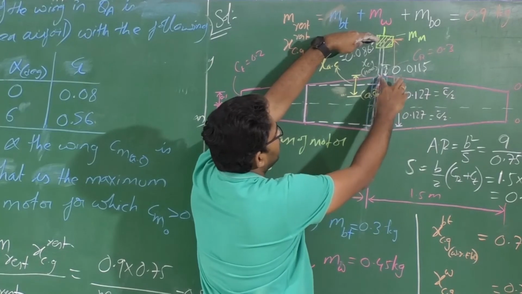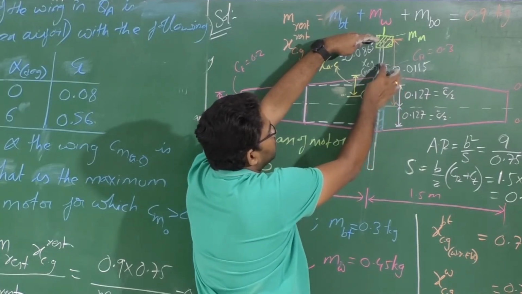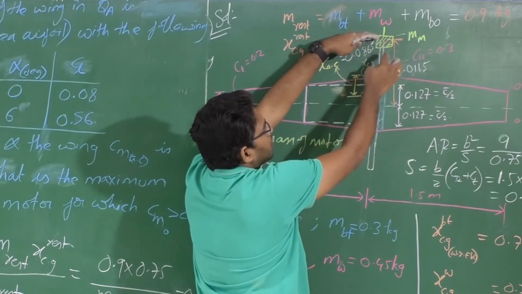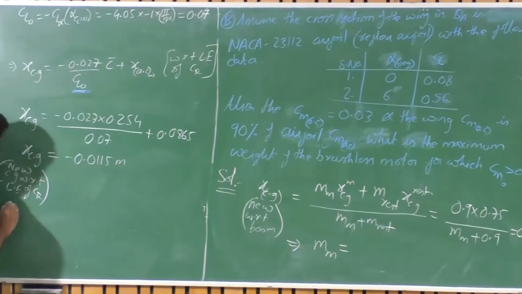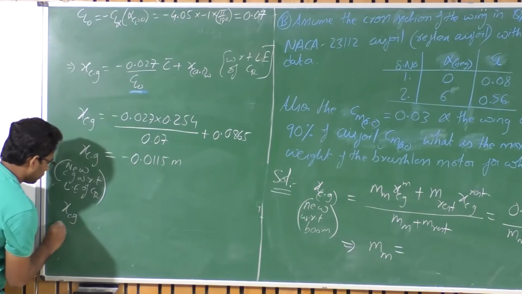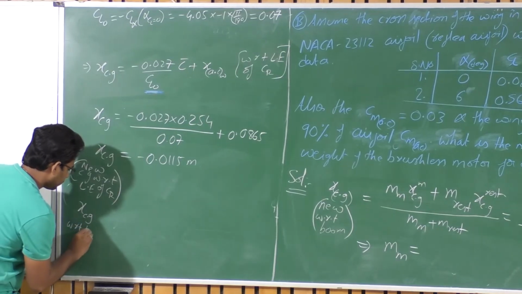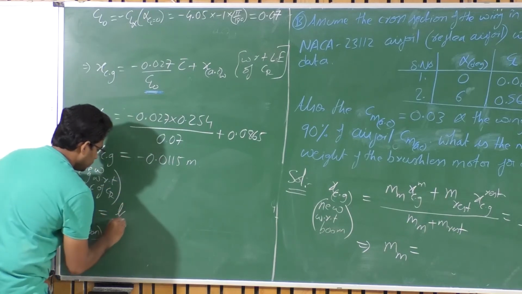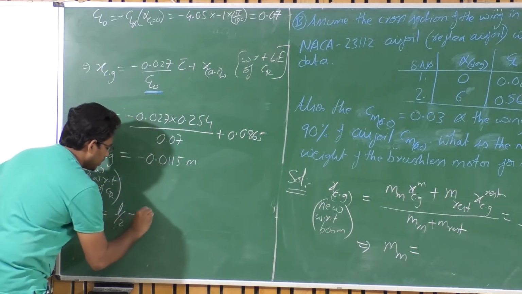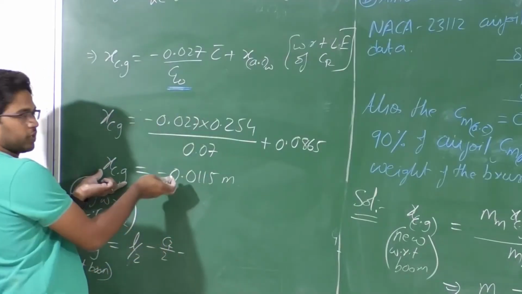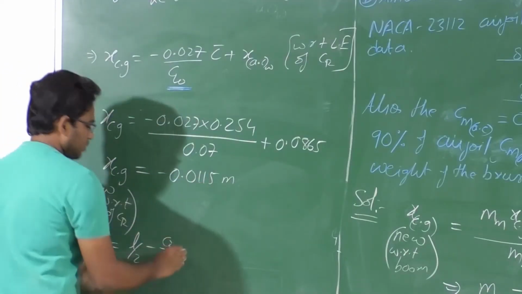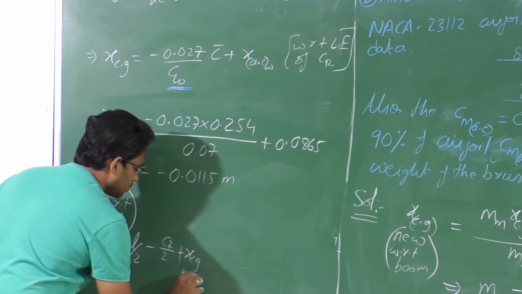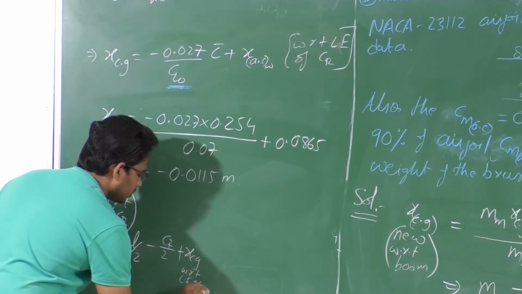If I subtract this length I am here, and if I subtract this distance further from the leading edge, which is the new CG location, I will be at the CG location with respect to the starting of the boom. So xCG with respect to boom is equal to L by 2, which is length of boom by 2, minus CR by 2, plus xCG with respect to leading edge of CR. If you do a vectorial sum, it is this; otherwise you take the absolute value.